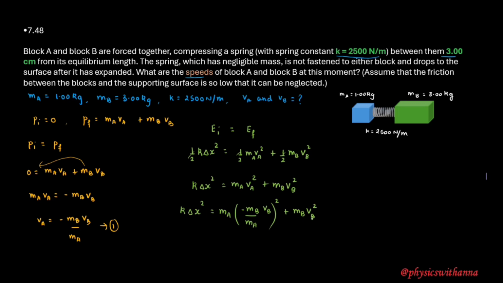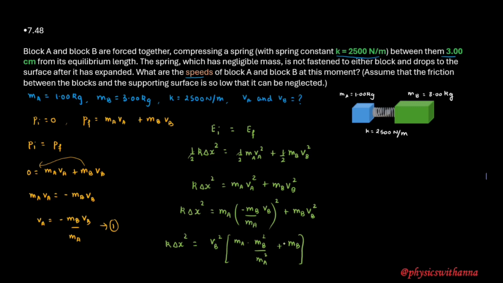Now we can take the common terms outside. VB squared is present in both the terms over here, so we can take it out in a bracket. We write K delta x squared equals, let's take VB squared as common. Here we are left with MA times negative MB squared, which just becomes MB squared over MA squared, plus MB. I want to find what is VB.